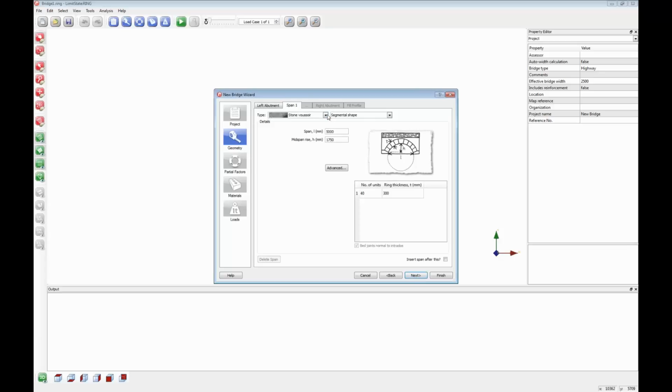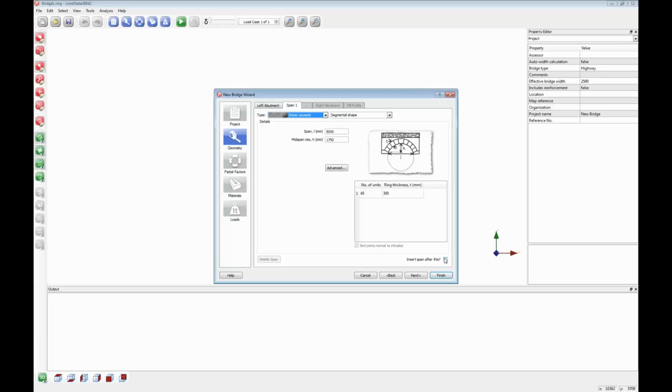The span information allows us to specify the shape, whether that be segmental, pointed, or user-defined, etc., and also how the arch barrel is constructed, whether that's stone, bonded brick, or multi-ring brick. And obviously I can specify the details in this table here.